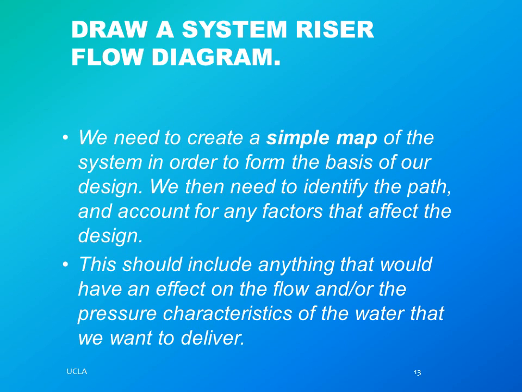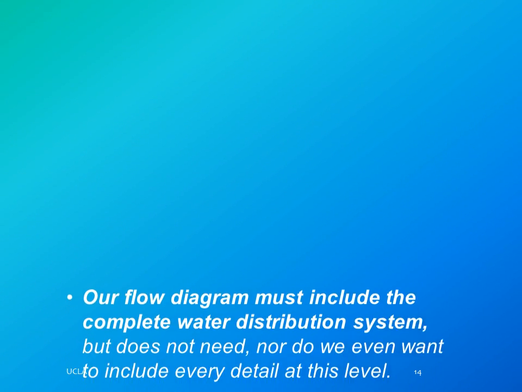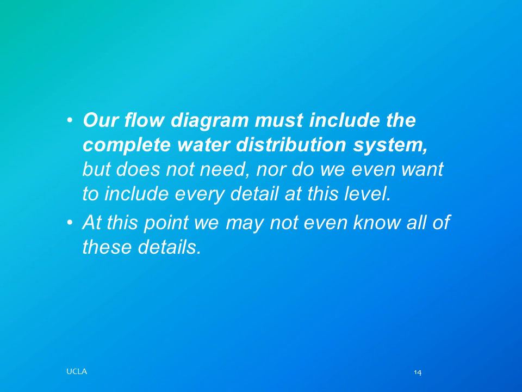It should include anything that would have an effect on the flow and/or pressure of the water that we want to deliver. Our flow diagram must include the complete water distribution system, but that doesn't mean that we need to have every detail. At this level, we just want to have the main path and the main factors.